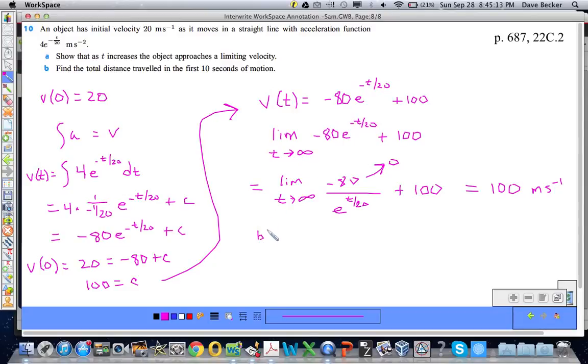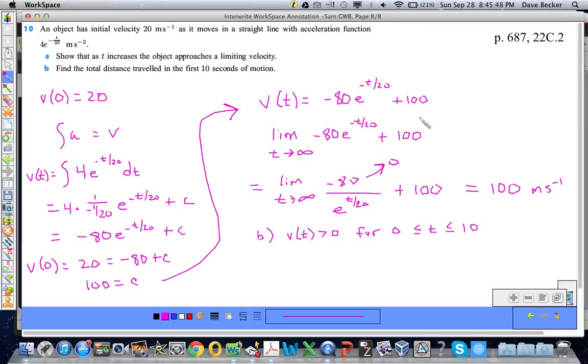Part B: find the total distance traveled in the first 10 seconds of motion. Let's take a look at this. v of t is greater than 0 for t from 0 to 10.